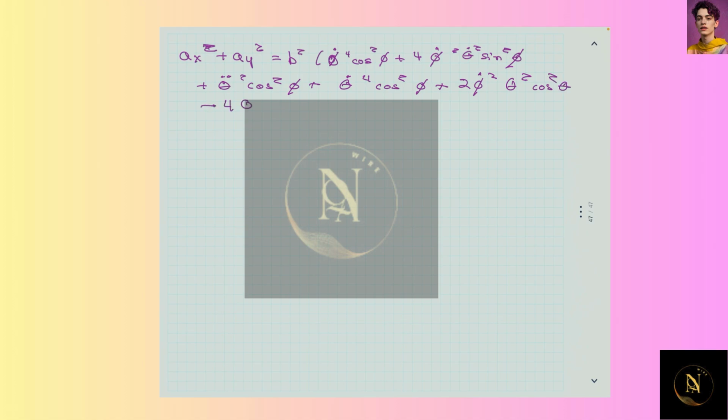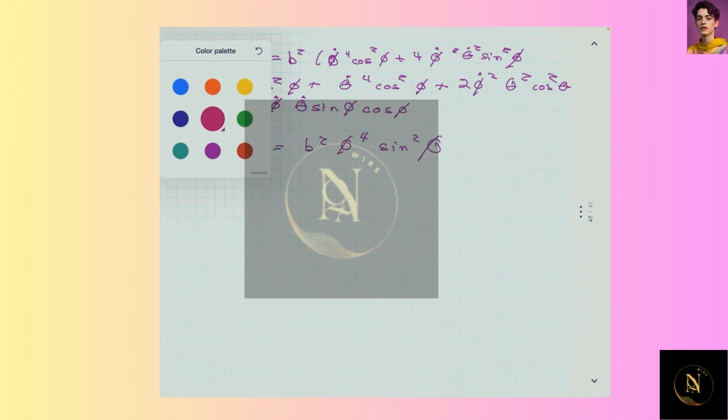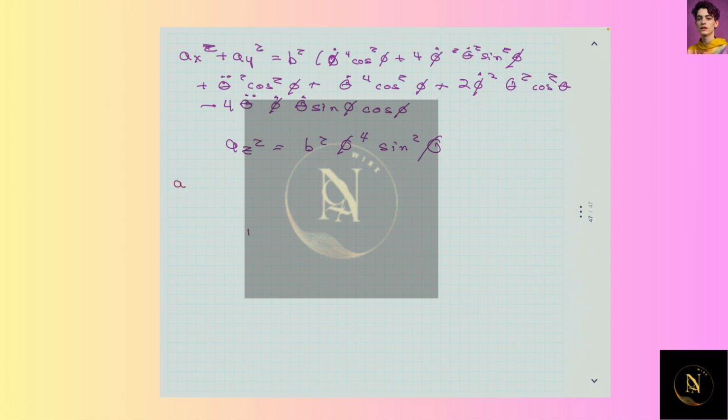Minus, and then we'll get a z squared. Okay, and adding these expressions, we'll get the final result for the magnitude of this acceleration.